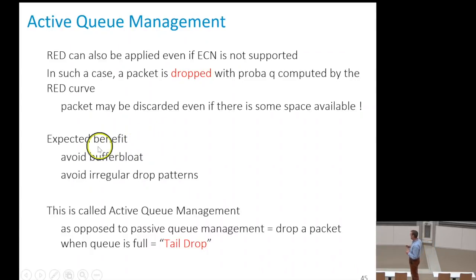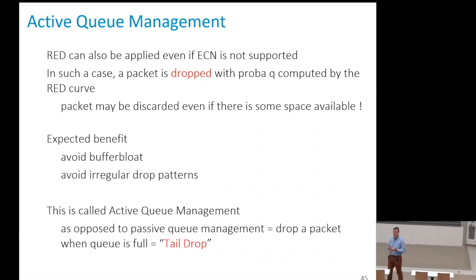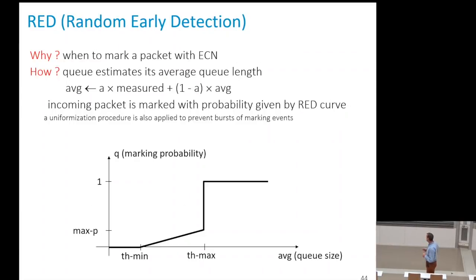Still, we have a buffer that can be used, in particular because we need the buffer not when the input rate is larger than the output rate in a sustained way, but because, due to the randomness of multiplexing, many packets come together in an isolated burst. If that happens, the estimated average queue size will not be affected by this single isolated burst, so we are probably operating in this region.